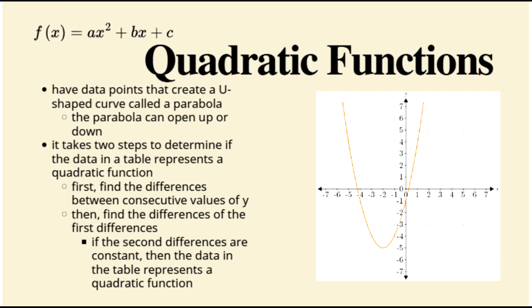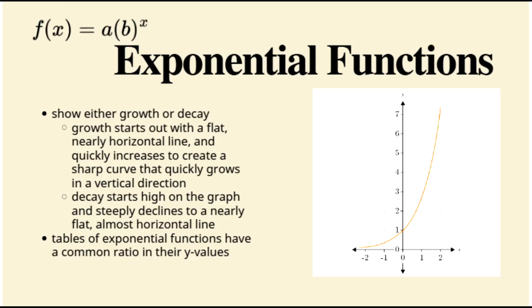That's called the second difference, and if the second differences are constant, then the data in the table represents a quadratic function. Again, if you don't remember this or it's not too familiar, don't worry, we're going to go over it. Quadratic functions are written with the formula f of x is equal to ax squared plus bx plus c. If you need this stuff in your notes, put it in your notes.